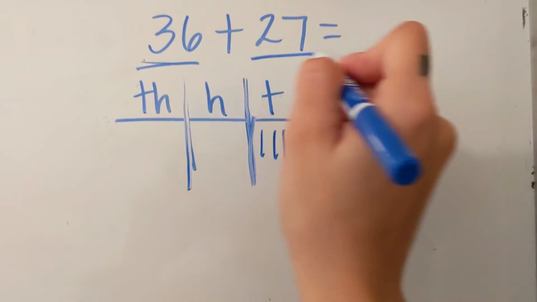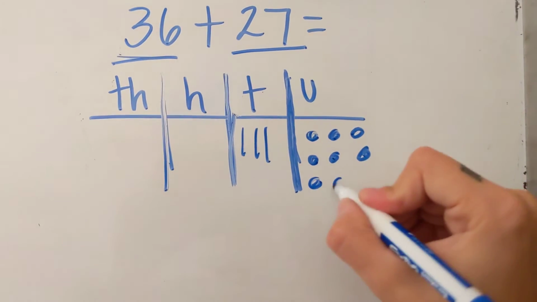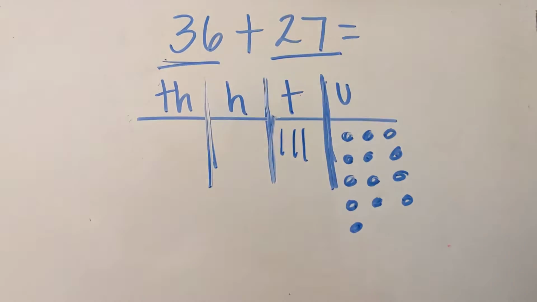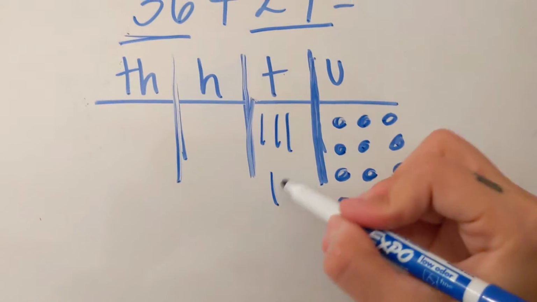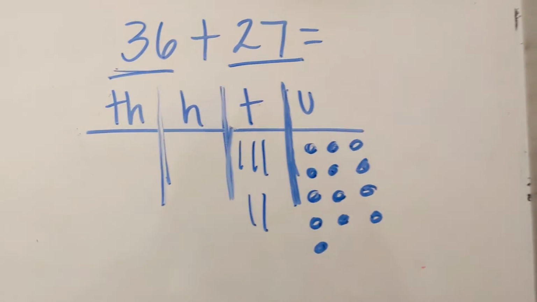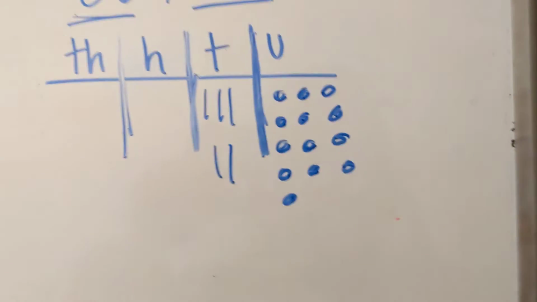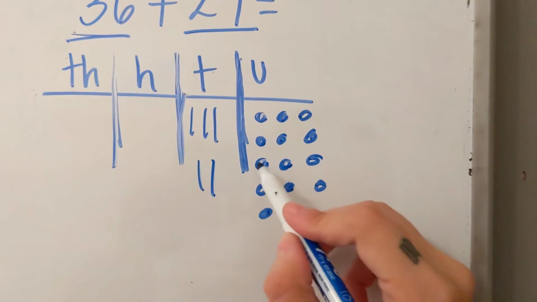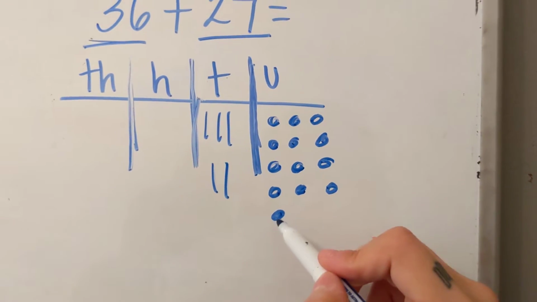Now I'm going to draw my second number, which is 27: 1, 2, 3, 4, 5, 6, 7 units, and 2 tens. All I have to do is count them and put them together as one number. So that'll be 1, 2, 3, 4, 5, 6, 7, 8, 9, 10, 11, 12, 13.